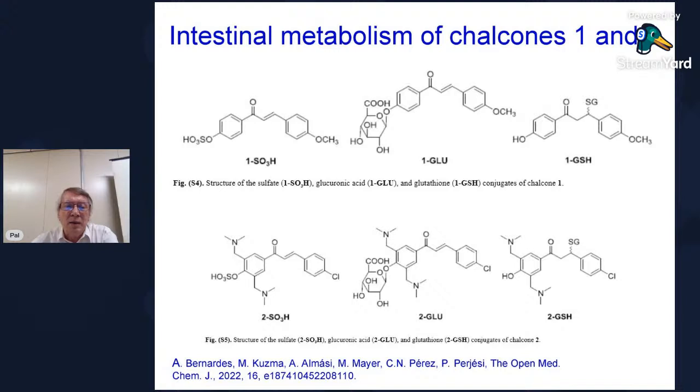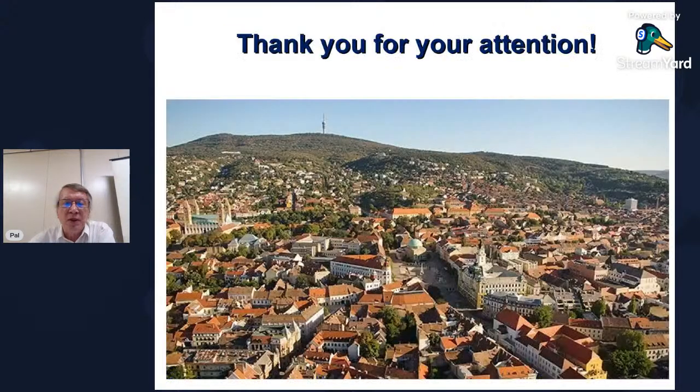It means that the intestinal metabolic fate of the chalcone derivatives involves sulfate and glucuronic acid conjugation involving the phenolic hydroxyl groups, and glutathione conjugation involving the polarized carbon-carbon double bond, as a Michael reaction of glutathione with the chalcones.